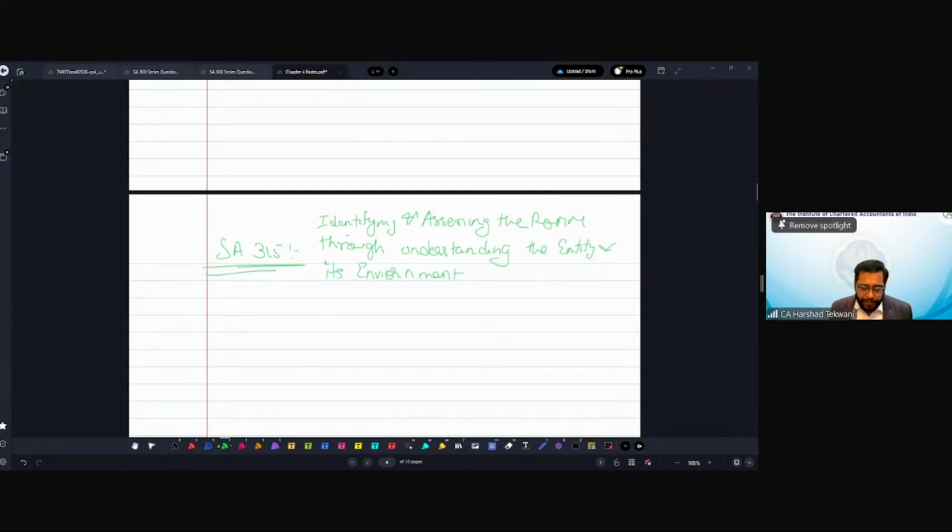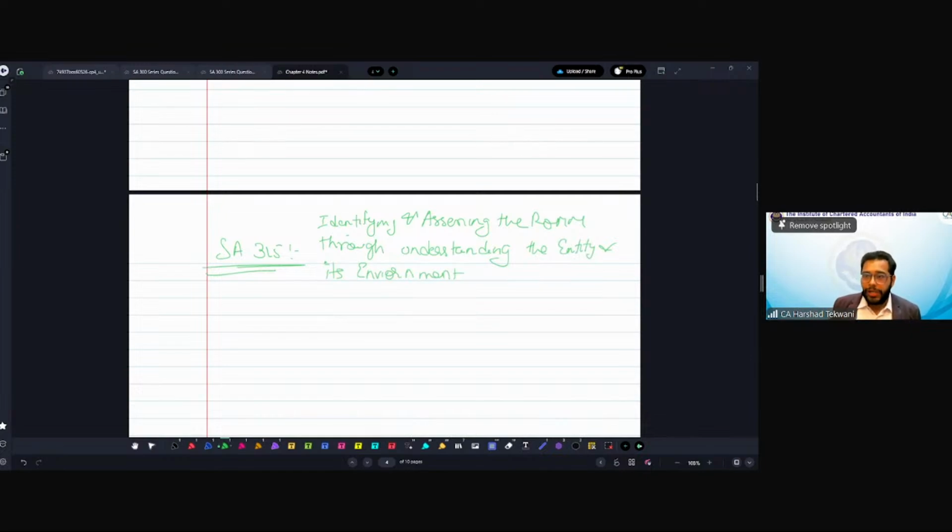Today, for example, one of your friends has reached out to you to please perform the audit of their private limited company or limited company. You have done all the client acceptance and continuance, the engagement letter has been signed, and everything till now you have performed perfectly fine, dot to dot as mentioned in the standard.